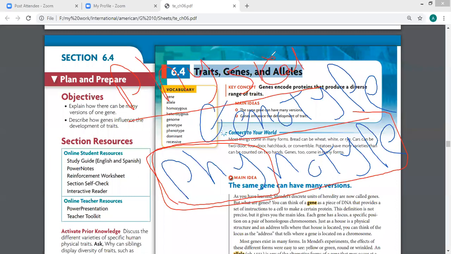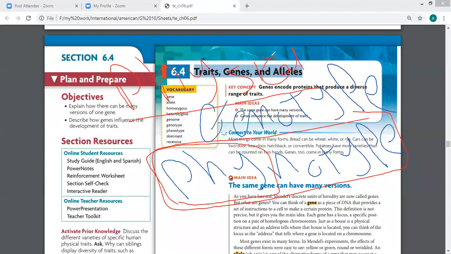For example, when you say the eye color trait, or the gene that carries the eye color trait, there may be different types of eye color: blue, green, dark brown, and so on.